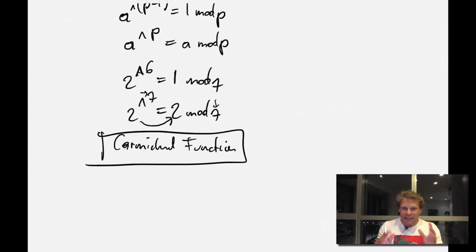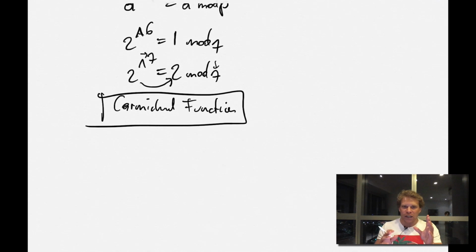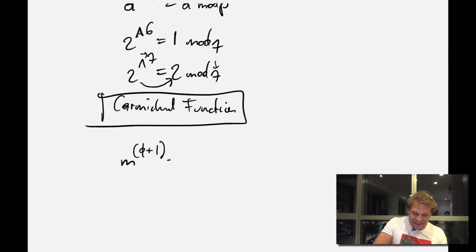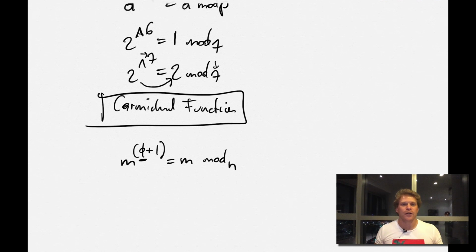And Euler's phi is just way easier because what Euler's phi says, and this is very interesting, is if you raise, and let's use n in this case, let's say you raise a message to Euler's phi plus 1, you get the message mod n. This is really important. That's why we need this phi function, because we get there.